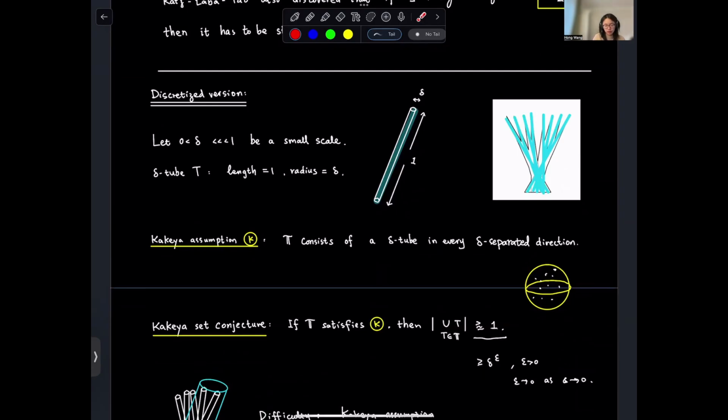Now, if one can show this discretized Kakeya set conjecture, there is some standard way in geometric measure theory to use this to prove the Hausdorff dimension version of the Kakeya set conjecture.